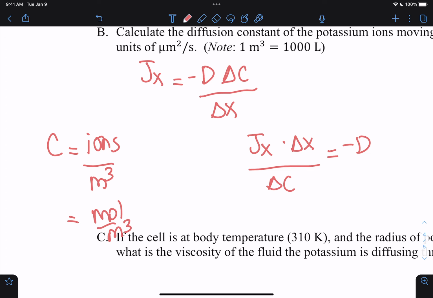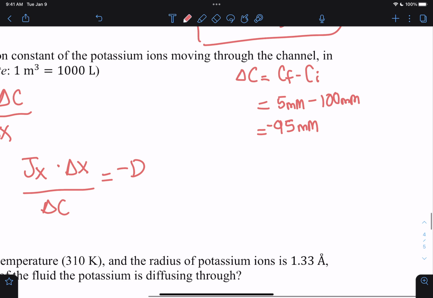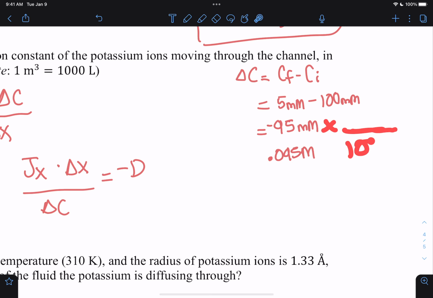So in this case, if we're looking here, 95 millimolars, first of all, millimolars, that would be 0.095 molar, as we divide by 1,000, there's 1,000 millimoles in 1 molar.